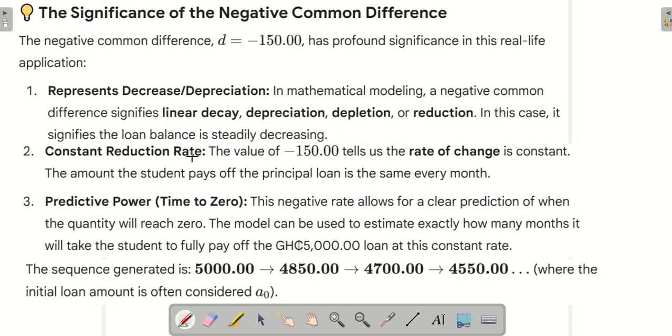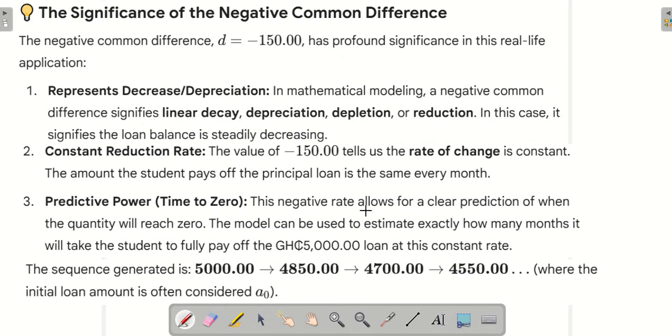Then constant reduction rate. The value of negative 150 tells us the rate of change is constant. The amount the student pays off the principal loan is the same every month and it is reducing. Then the predictive power, time to zero.